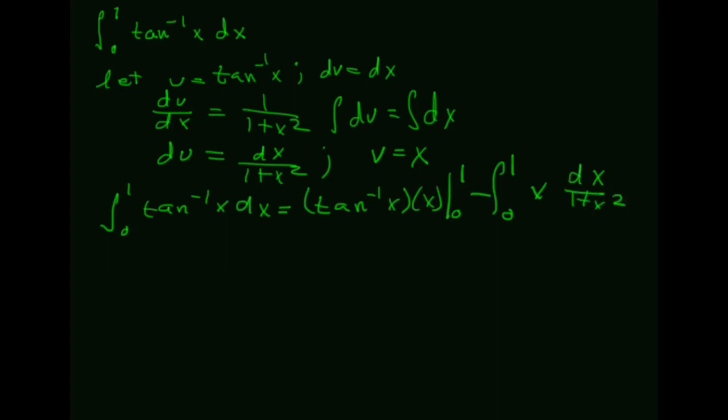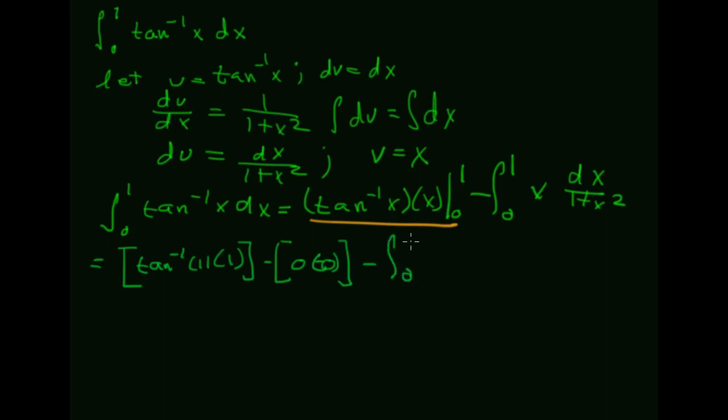Let's deal with this piece first. This is going to be the inverse tangent of 1 times 1 minus 0 times 0, minus the integral from 0 to 1 of x over 1 plus x squared dx.